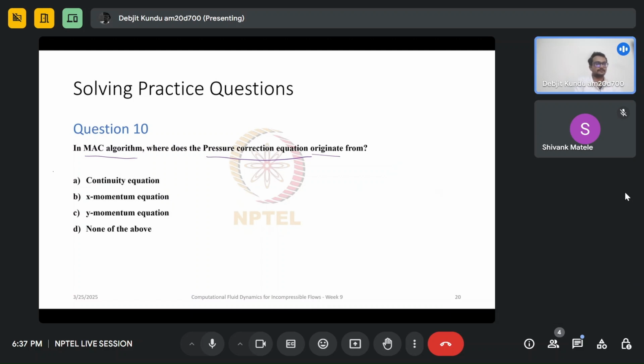Alright, once again we have a quick response in favor of option A, the continuity equation. Let's take a look at the solution. It is indeed the continuity equation. So we find the nominal values u and v, u tilde and v tilde, and then in the continuity equation we plug those in, and these are all functions of the pressure correction terms.